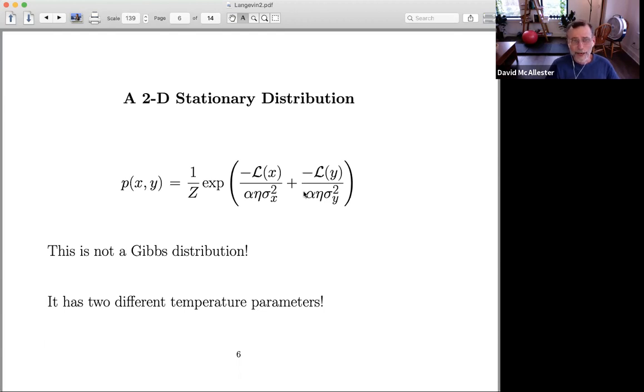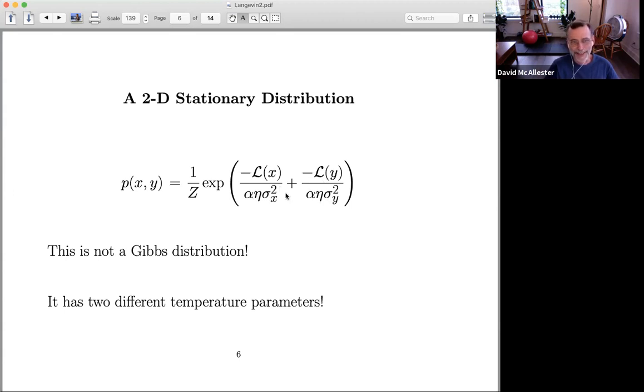Now remember, the loss function was just the sum of these 2 losses. But this now breaks because there's no reason the noise in x should be the same as the noise in y. The variance of the gradient estimated in x can be different from that of y. So now this distribution has 2 temperatures in it, right?